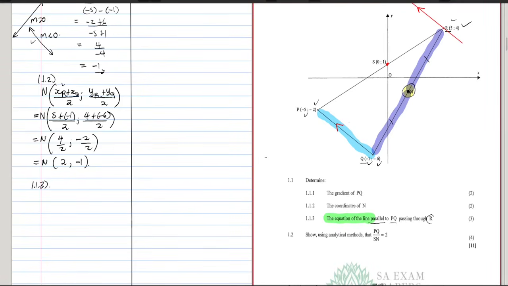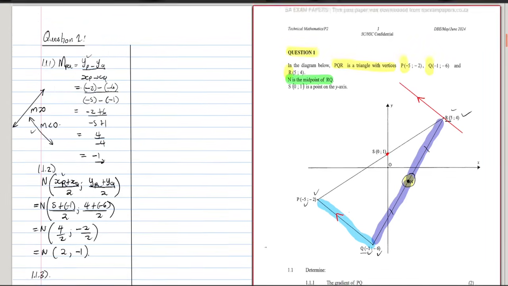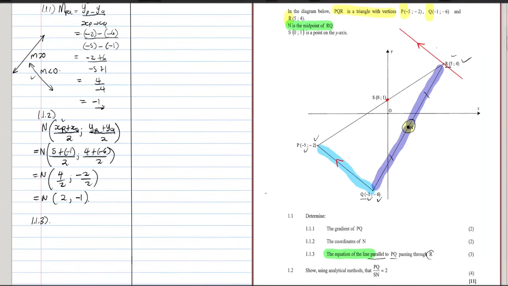All right, getting the gradient is easy because this line is parallel to that line. We know that parallel lines have equal what? Gradients. So the gradient of the parallel line is equal to the gradient of PQ. They are both equal to -1. How do I know?